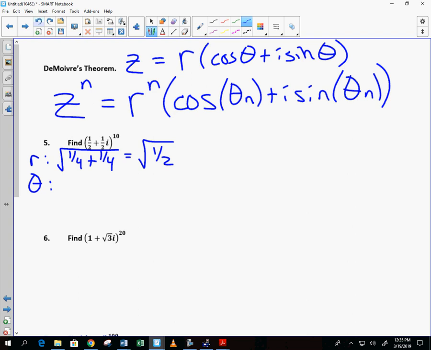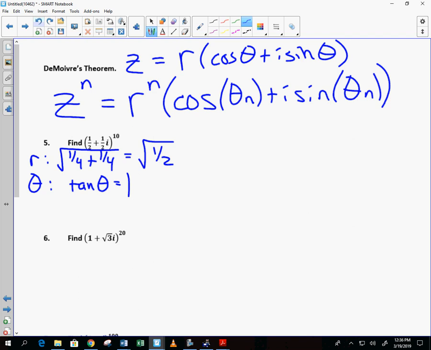Now I set tangent of theta equal to b divided by a. B divided by a starts with a 1. Very good. Where is tangent positive? In the first and the third quadrants.